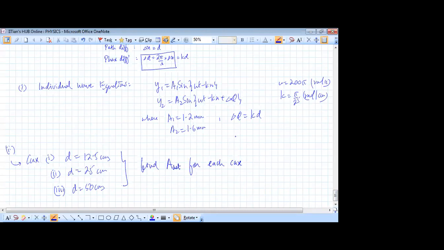Okay. So you can see the relationship between the two, this relation. Substitute the value of D as 12.5, you will get some phase difference. Substitute the value of D as 25, you will get some phase difference like that. So all the data that you need for this part is here. It's in this part. From here onwards, you can just use this information.